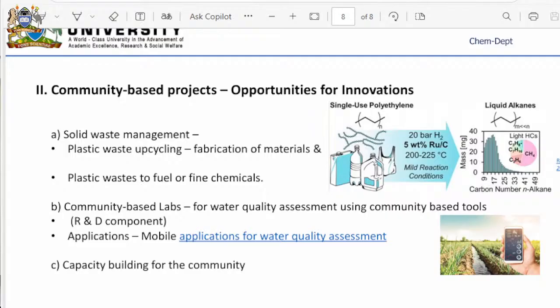What I came to realize is that when it comes to standardization and calibrations, they usually invite the experts. So what I thought we can do as a university is to collaborate and partner with them.